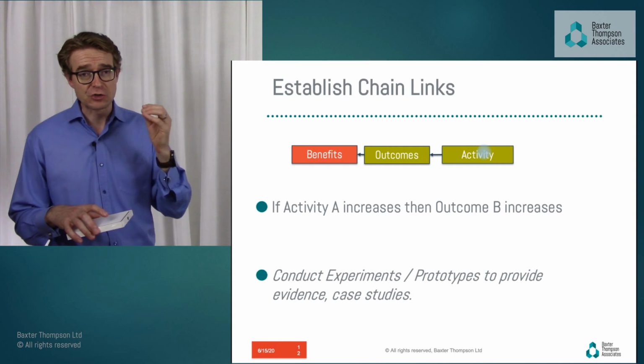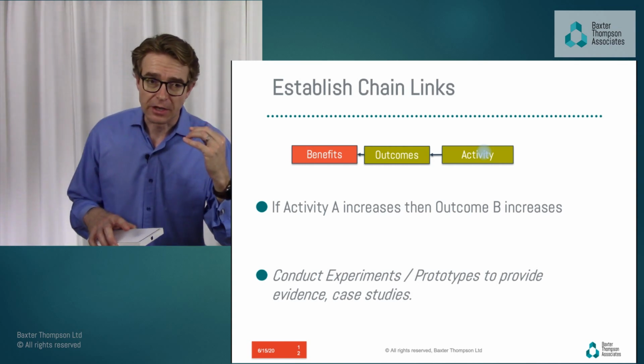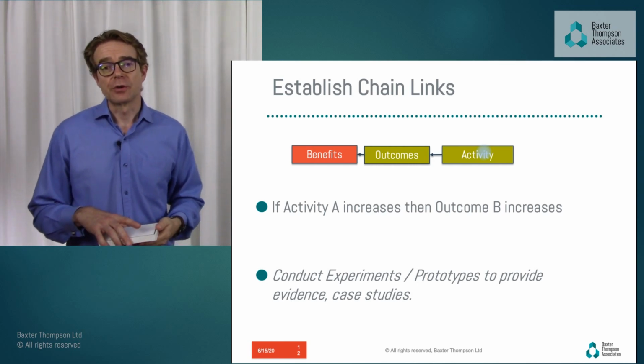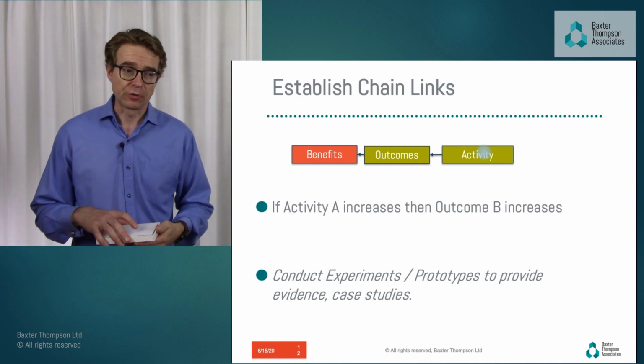So establishing those chain links are very important to give credibility to the business case and to make sure that we don't end up doing dud projects or delivering features which are not going to be used.